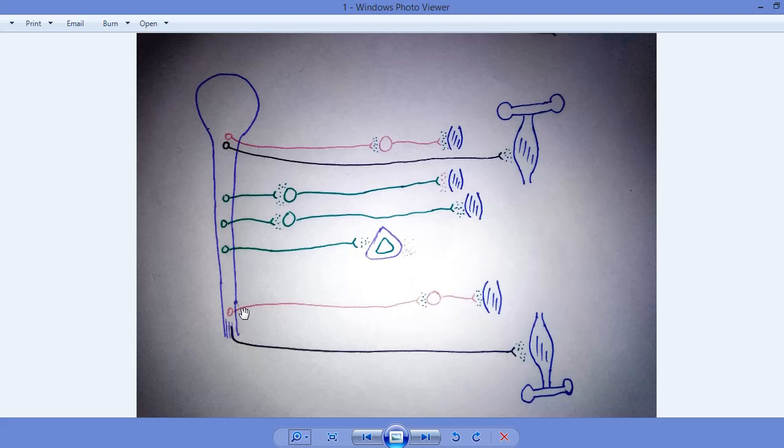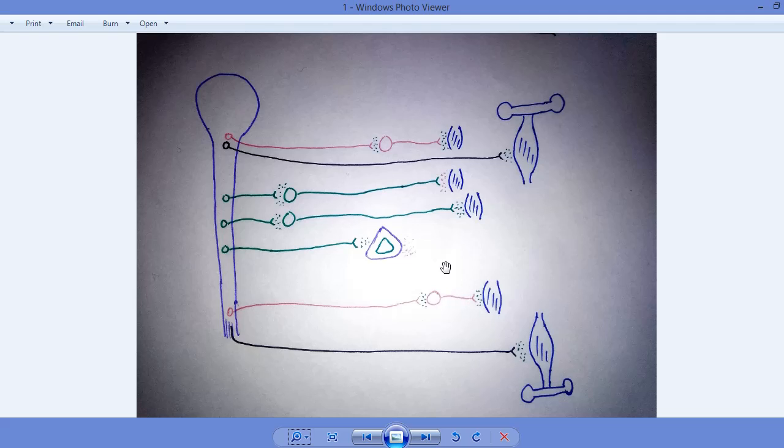The same is the case with this neuron. In this synapse, the neurotransmitter secreted will be acetylcholine, and once again acetylcholine will be secreted at the junction between the smooth muscle and the neuronal ending.